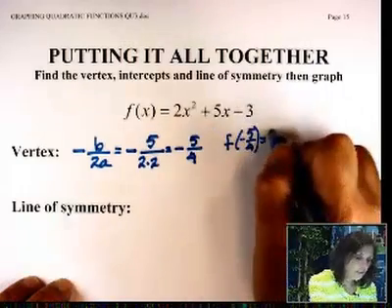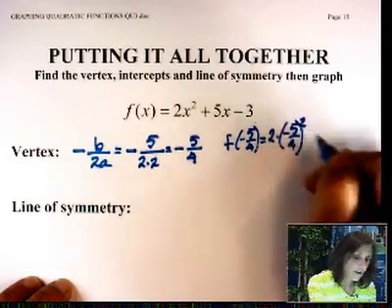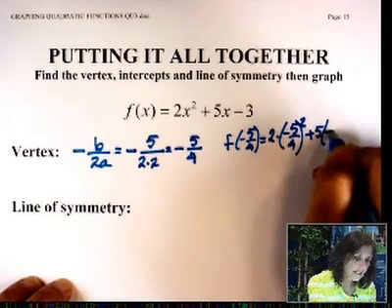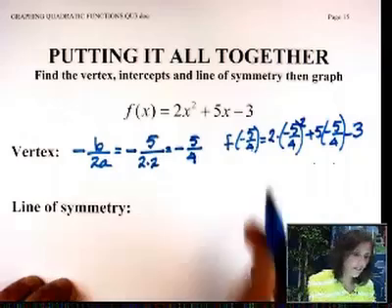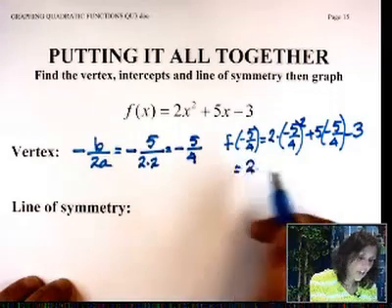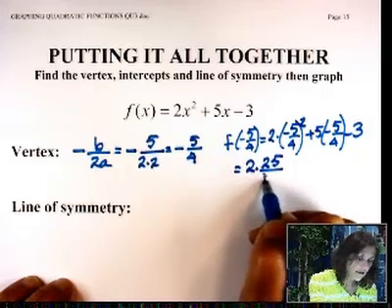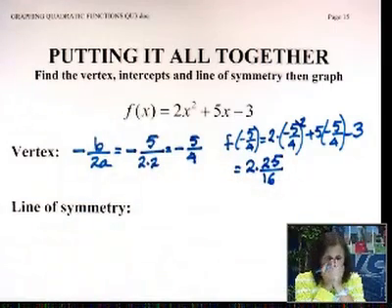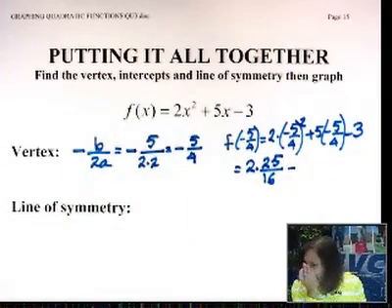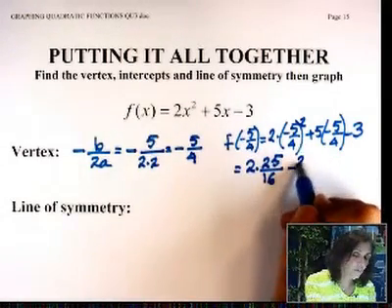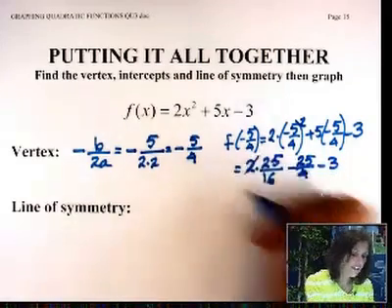That's going to give me 2 times negative 5 over 4 squared plus 5 times negative 5 over 4 minus 3. That's going to give me 2 times 25 over 16, minus negative 25 over 4, minus 3. Let's do a couple of things.